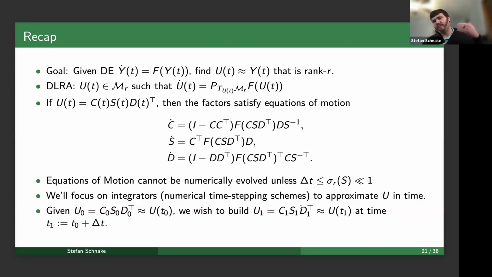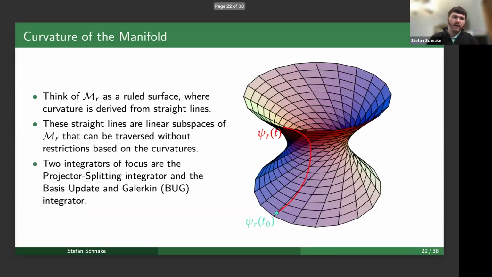And we're going to build some new approximation C1, S1, D1 at a time t1, which is t0 plus some small delta t. The way to think about these integrators is to think of the rank R manifold as a ruled surface. This is an example of a cylinder that's attached by strings, and you twist counterclockwise on one end of the cylinder and clockwise on the other, and you'll create a small curvature around the middle.